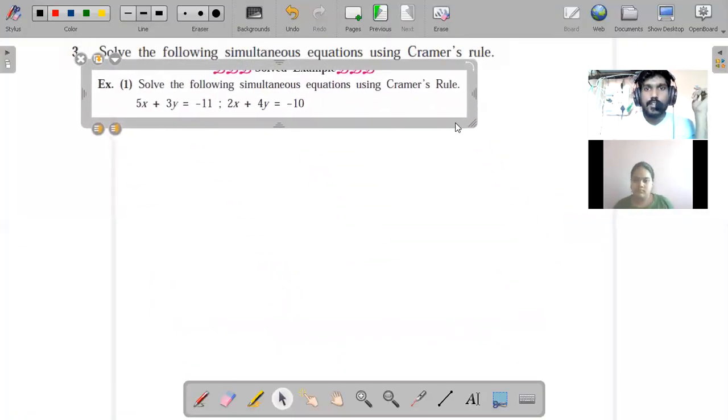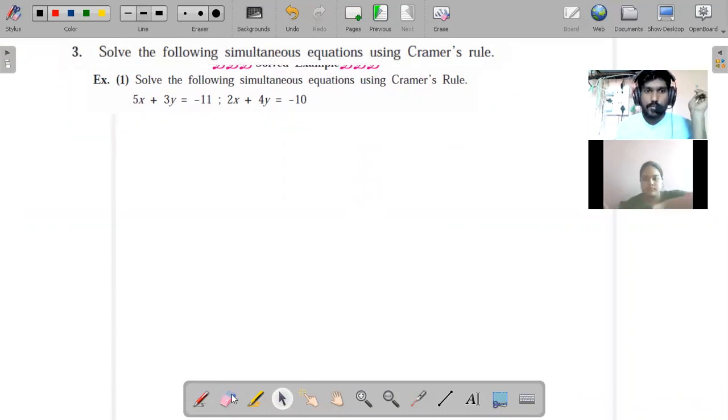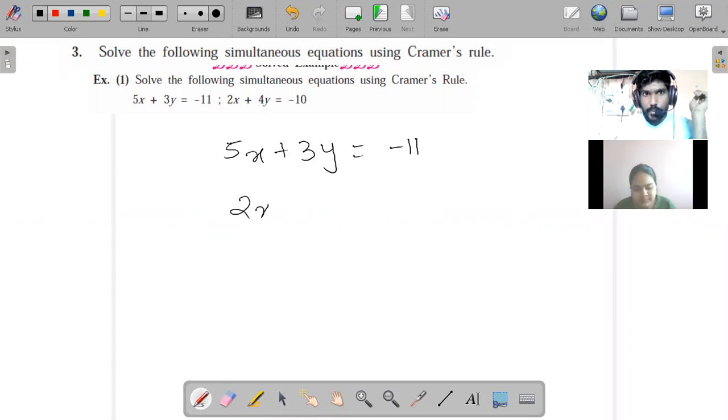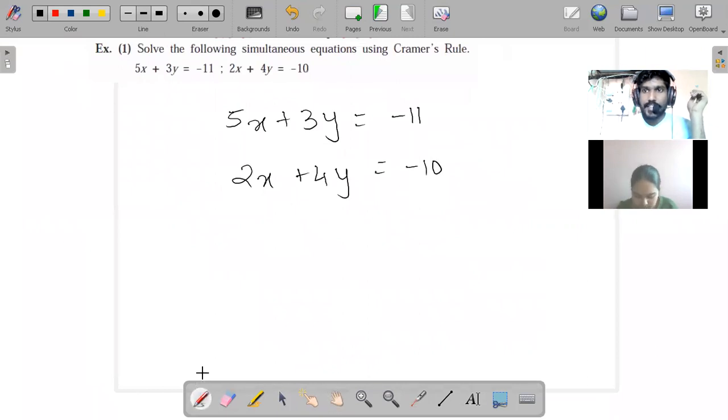Solve the following simultaneous equations using Cramer's rule. Whenever you use Cramer's rule, first you write the equations: 5x plus 3y is equal to minus 11, and 2x plus 4y is equal to minus 10. Once you write the equations, you write the determinant first. The first determinant I will call D, and you put the lines.